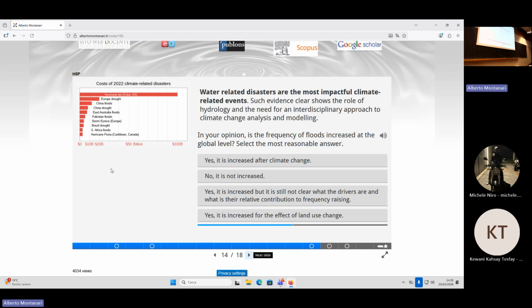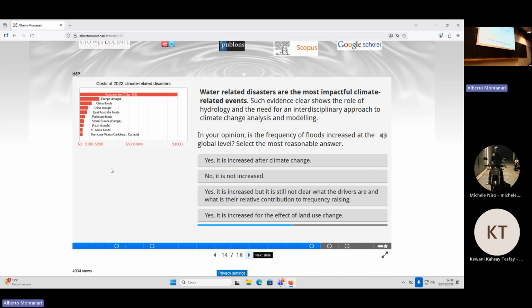Now, here there is another interaction, and I think the interesting thing of this graph is the figure, which shows the costs of climate-related disasters in 2022, and you see that there is the drought in Europe at the second place.